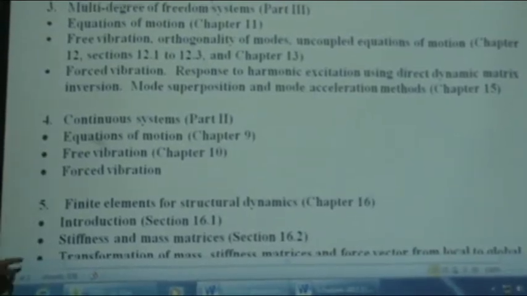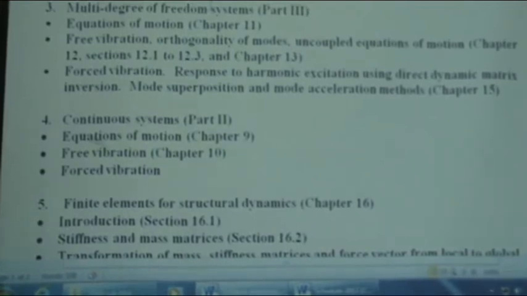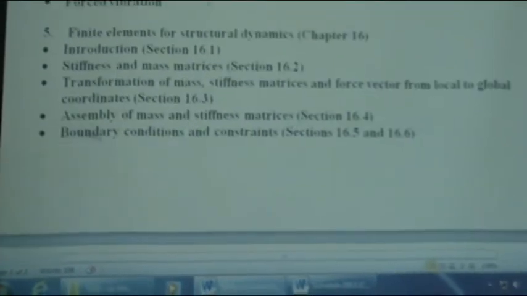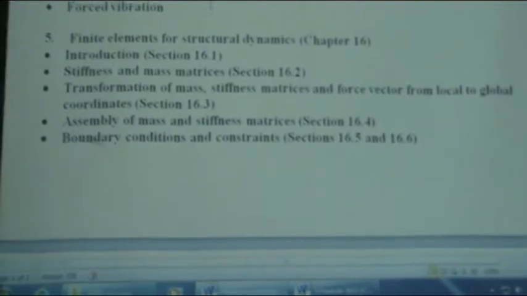The next part is finite element analysis. Finite element analysis is a numerical method that we use to predict the behavior of a system, and we'll study how to use this approach to find the response of a system to a given excitation.